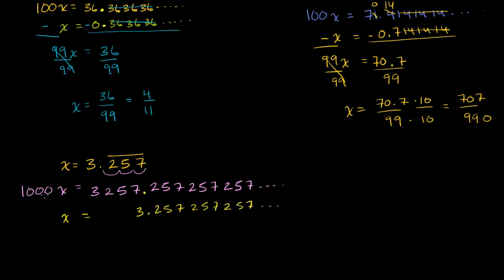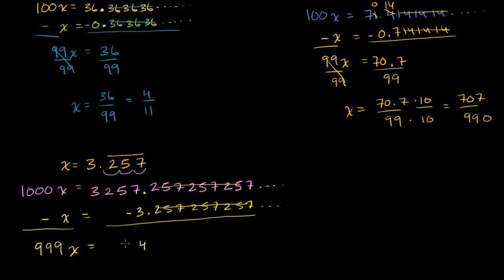And notice, when we multiplied it by 1,000, it allowed us to line up the 257s so that when we subtract, the repeating part cancels out. So let's do that subtraction. On the left-hand side, 1,000 of something minus 1 of that something, you're left with 999 of that something, is equal to, this part is going to cancel out with that part. It's going to be equal to, let's see, 7 minus 3 is 4.